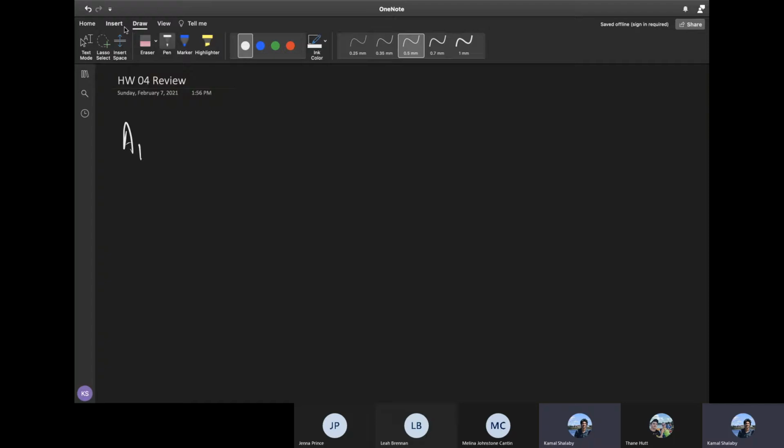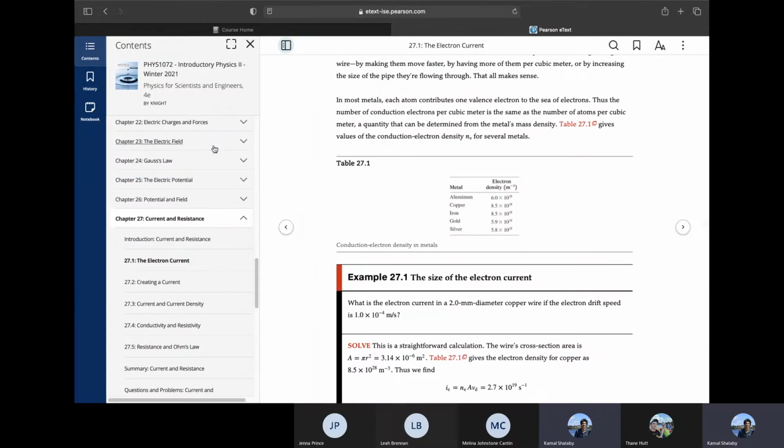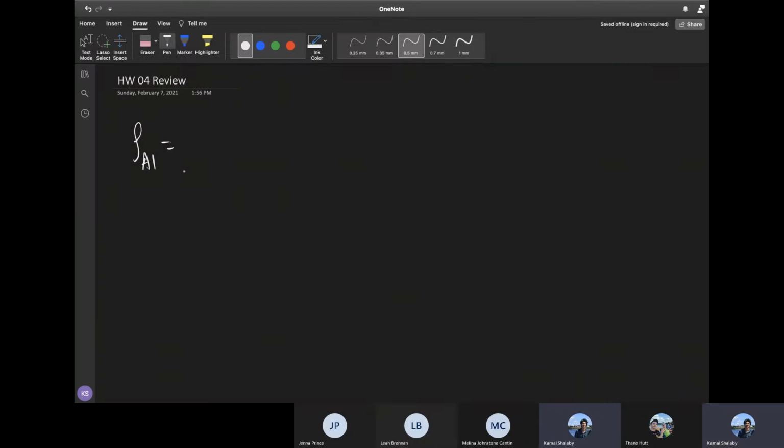Aluminum. Okay, so just call this electron density of aluminum is equal to 6 × 10^28 electrons per meter cubed.